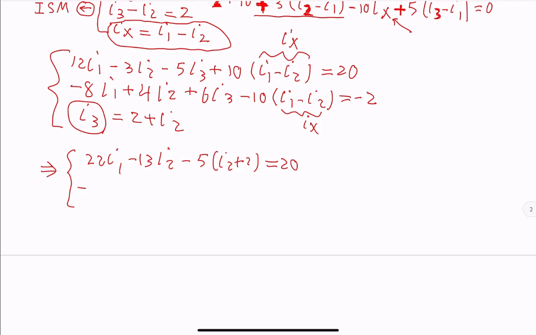And negative 8 for the second equation, I1, negative 18 I1 plus 14 I2 plus 6 I2 plus 2 equal to negative 2.